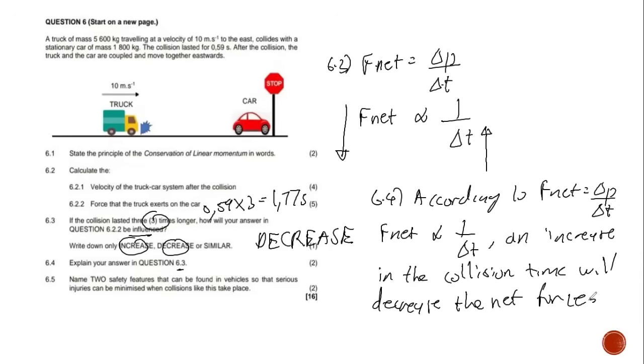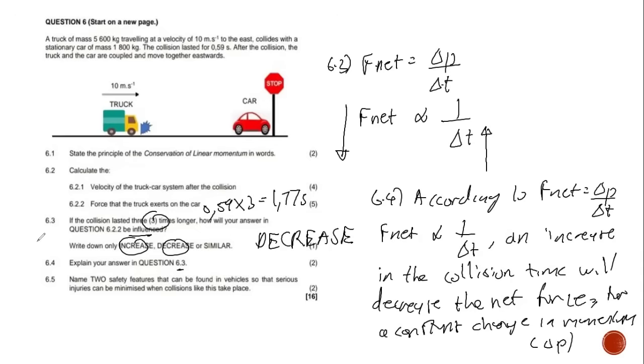Right, that's it. We saw that these two are inversely proportional. So that means an increase in collision time will decrease the net force for a constant change in momentum, which is your delta p. Right. So that's it.